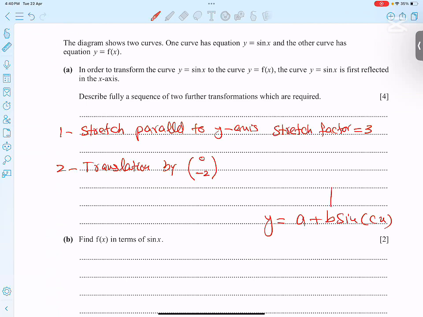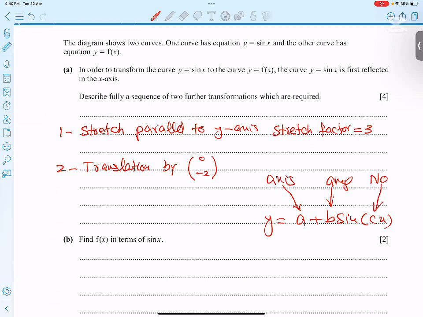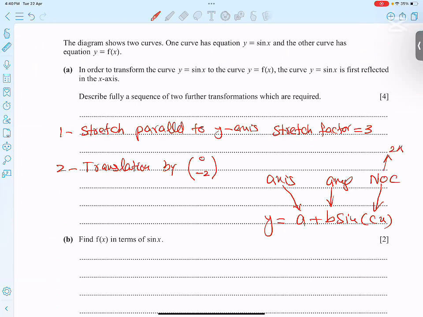So the multiplying factor is called amplitude, the adding or subtracting factor is called axis, and the number in the bracket is called the number of cycles. In 2 pi, it should be 1. If it's 2, so 2 pi. Or in 360 degrees, you can say also, no issue at all.